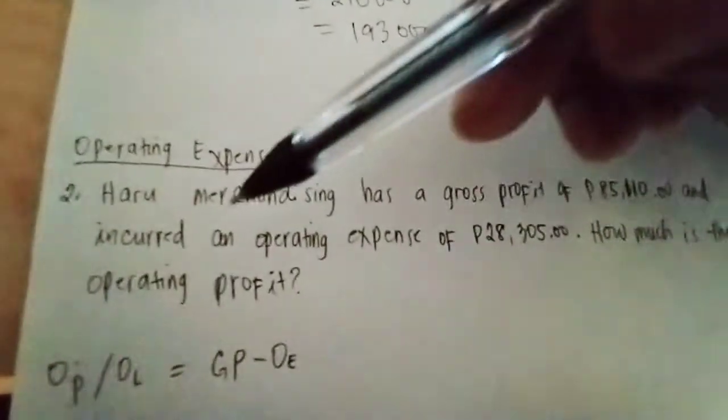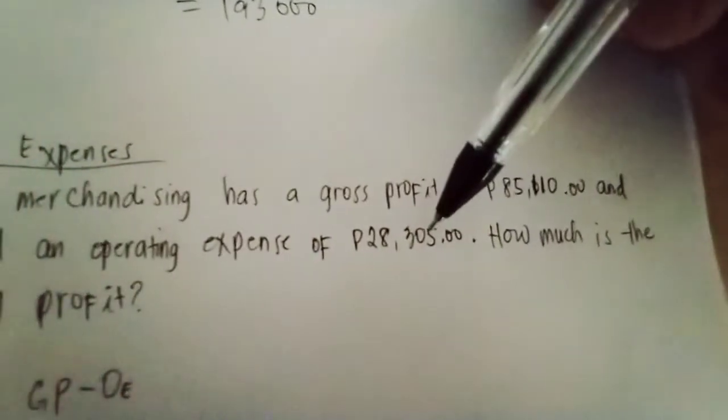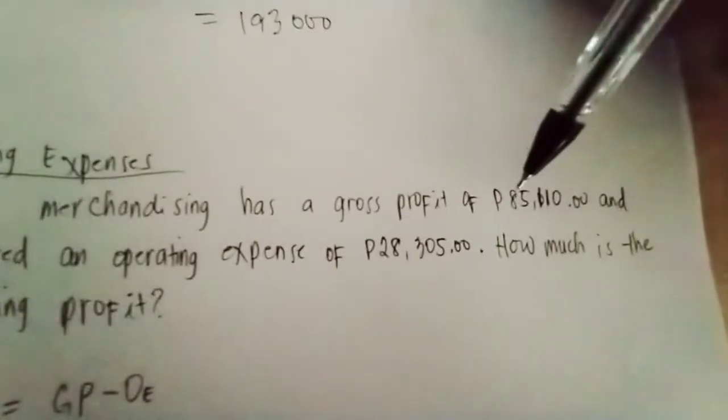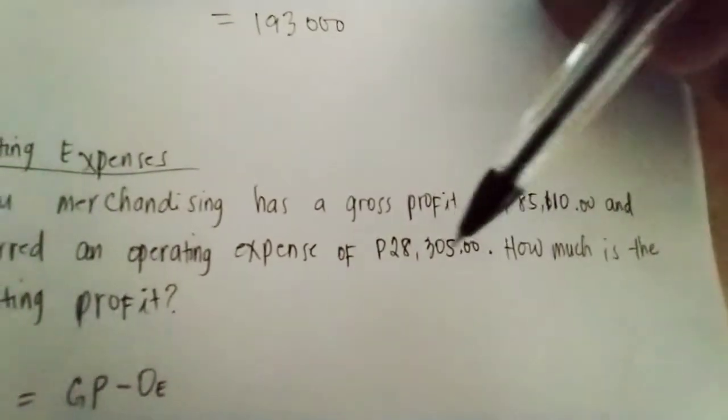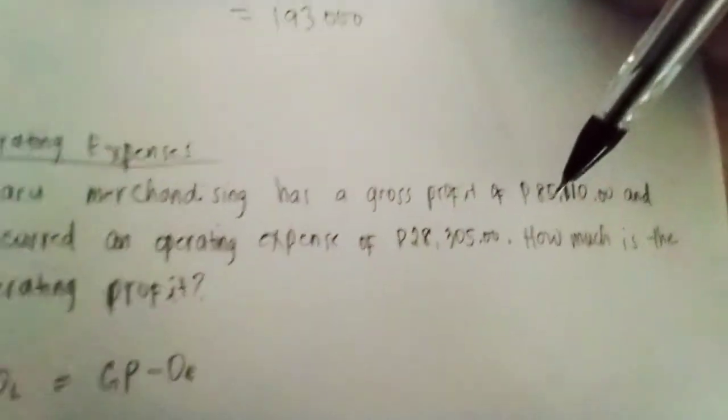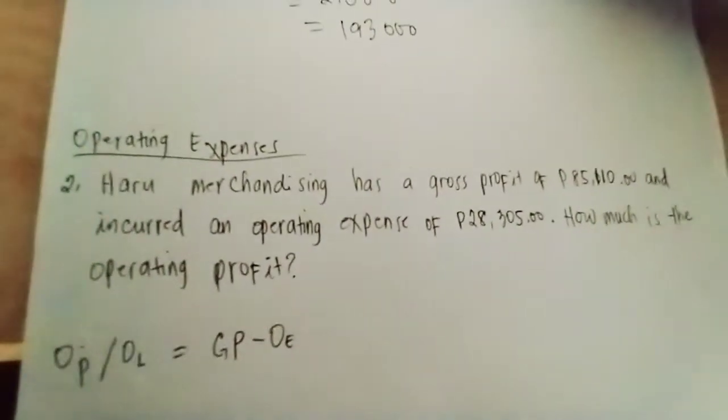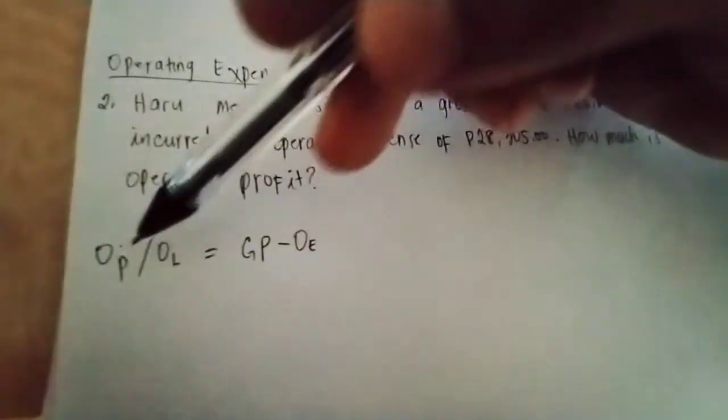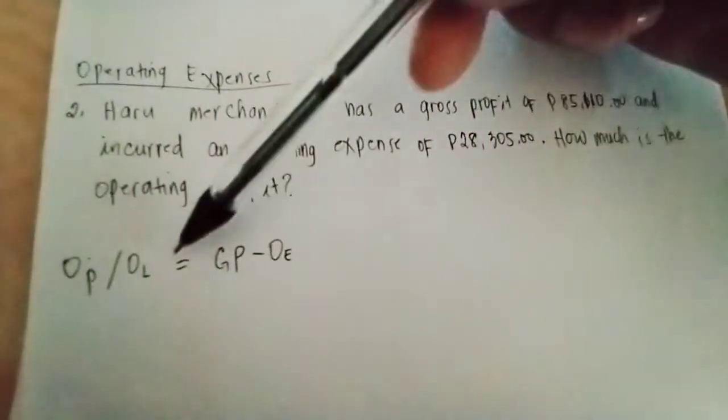How much is the operating profit? So, pagka ito, sinubtract mo dito sa 85,110 yung expenses mo, magkakaroon ka na ngayon ng operating profit or operating loss?